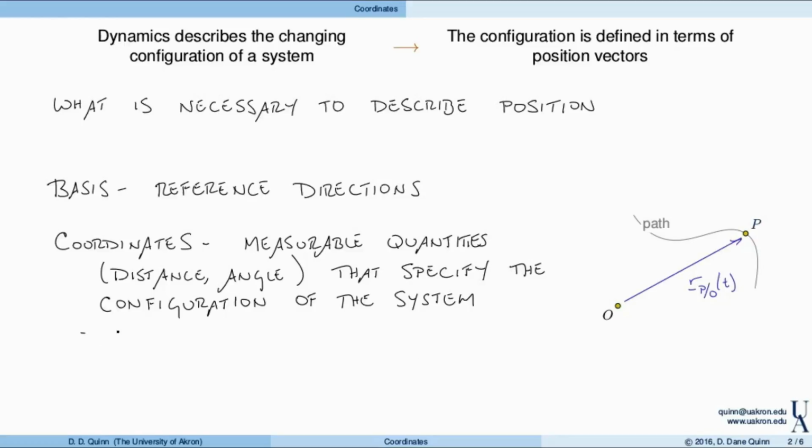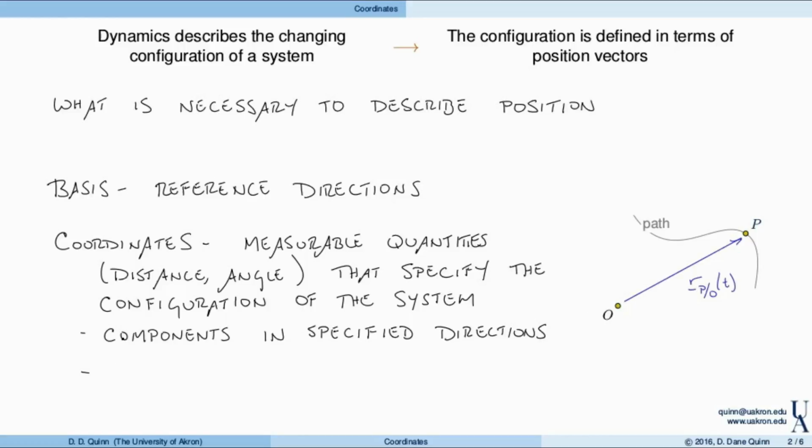Typically, coordinates describe components of a vector, say a position vector, in specified directions. So I might determine the horizontal component of this vector R of P with respect to O, or the vertical component of it. That would be one thing that we could measure.